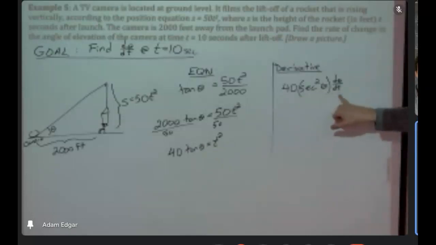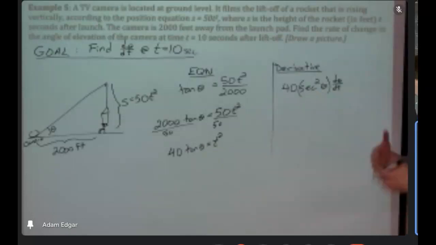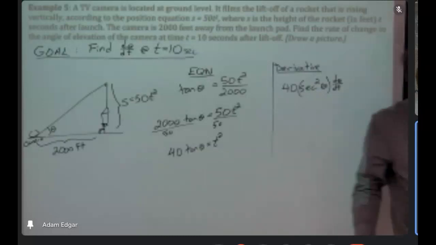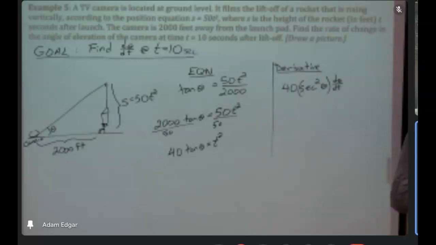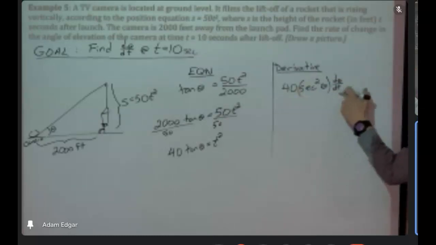So don't lose theta. That's still inside your trig function. Just like in the warm-up, we still have an 8x squared minus 7 inside the sine function. It's not a 16x inside there. The 16x is outside. Here, the d theta dt is outside, and you still have the same old theta inside. So that is your differentiating with respect to time.